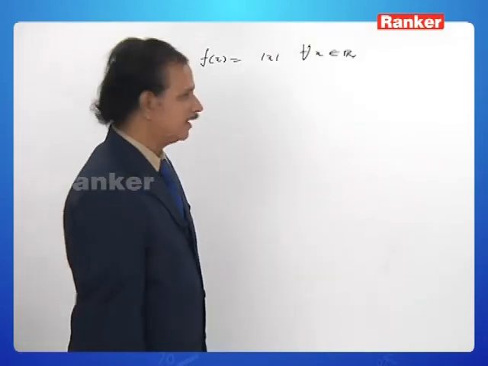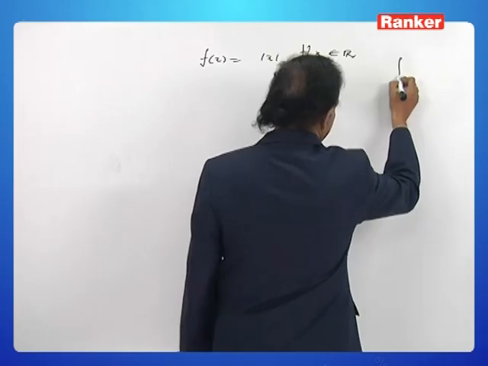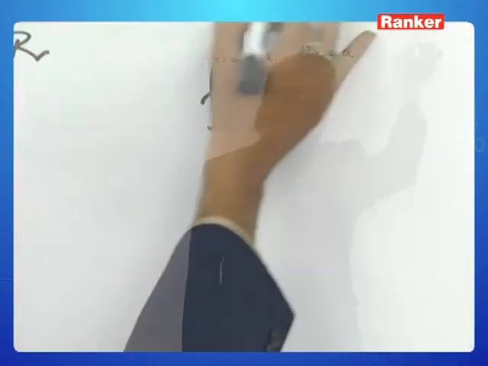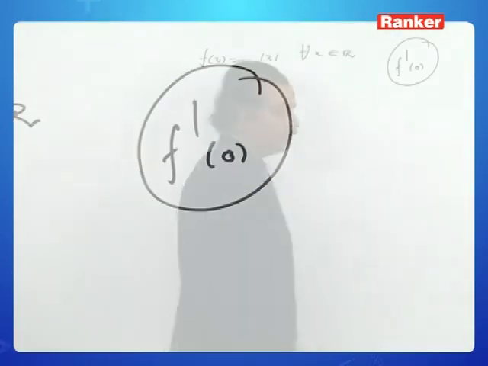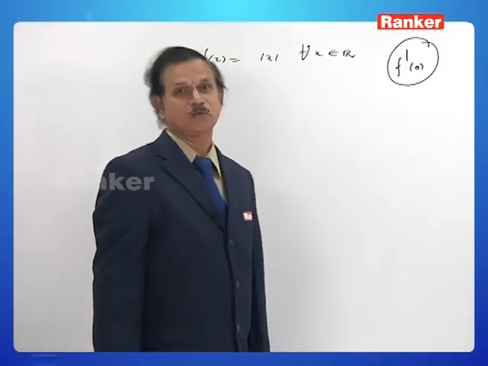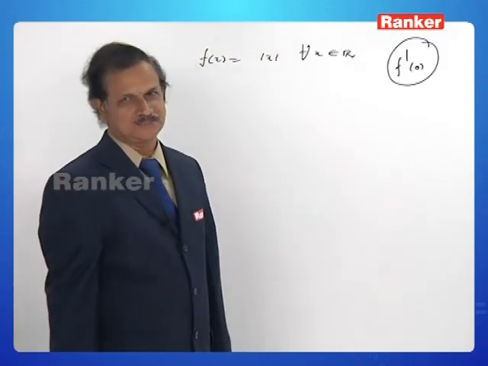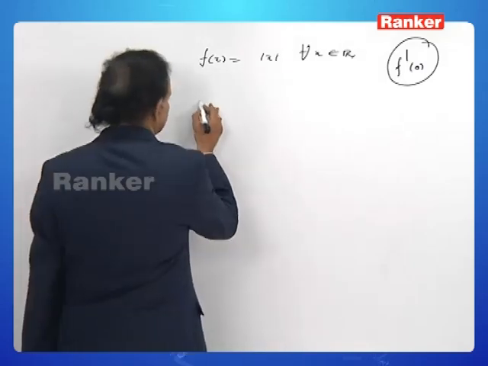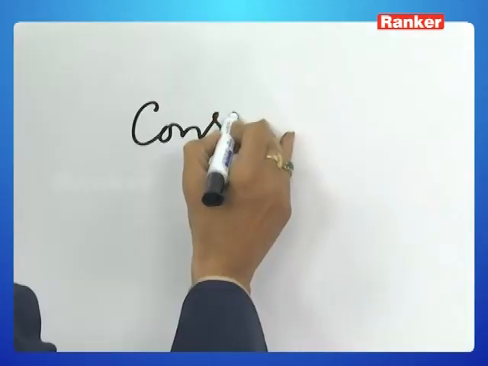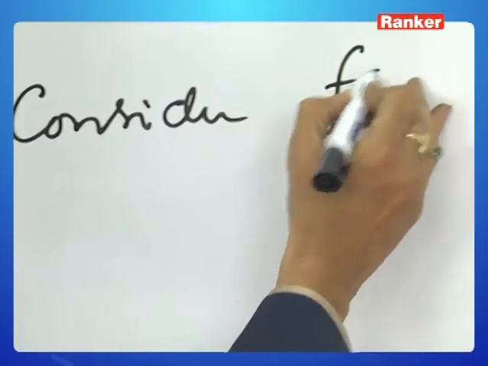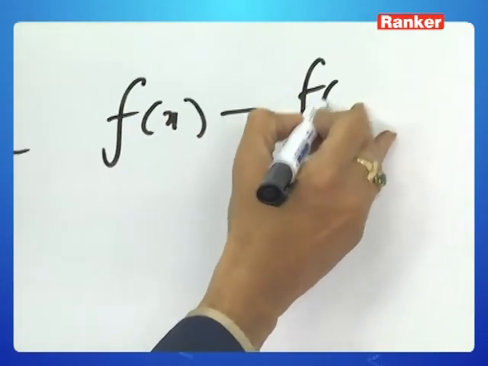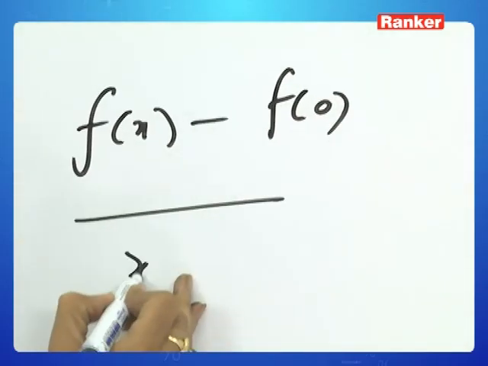I would like to calculate f dash 0, whether it exists or not. The responsibility is now on my shoulders to check whether f dash 0 exists or not. So consider (f(x) minus f(0)) by (x minus 0).